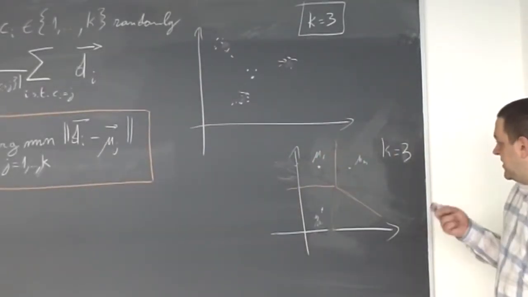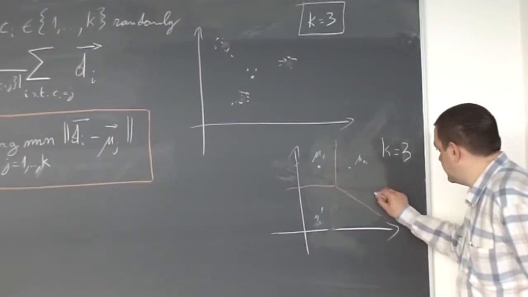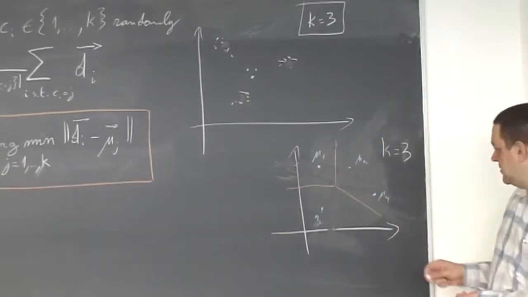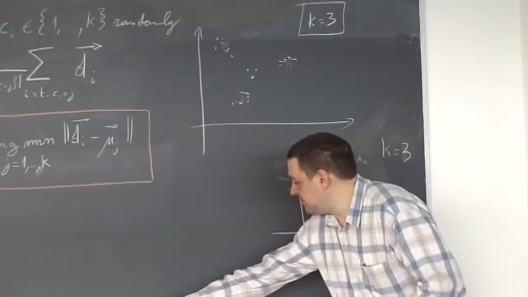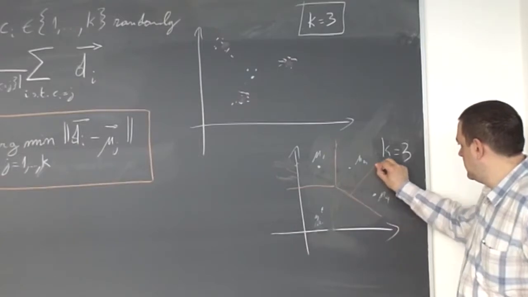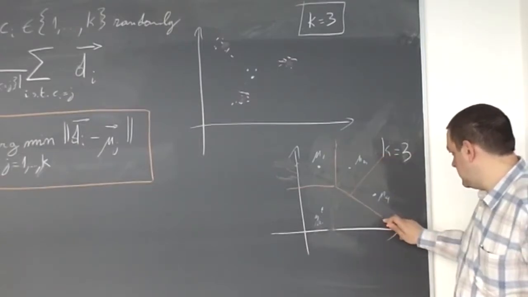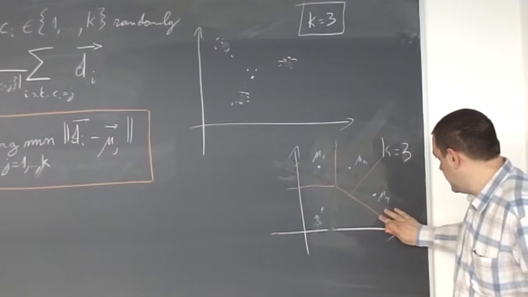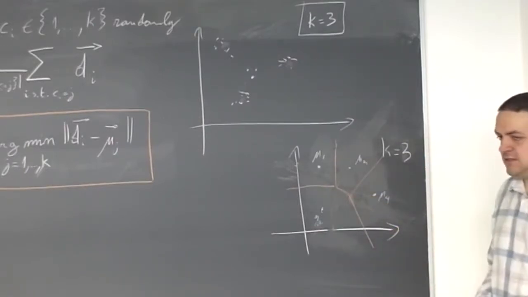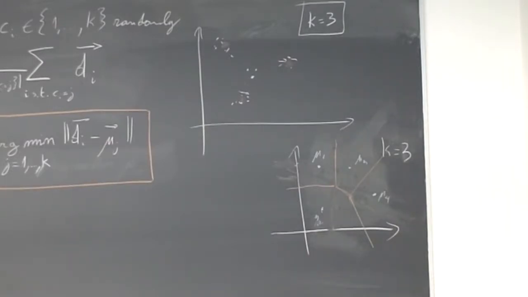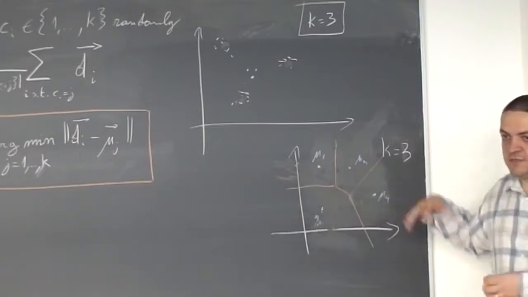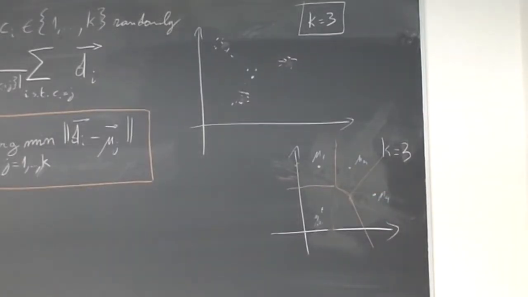If we have more than 3 elements, for example, the 4th element here, then things become a little more complex. In this case, we have a separation here, and probably here like this, and so on. Every time we add a point, this diagram becomes more and more separated.